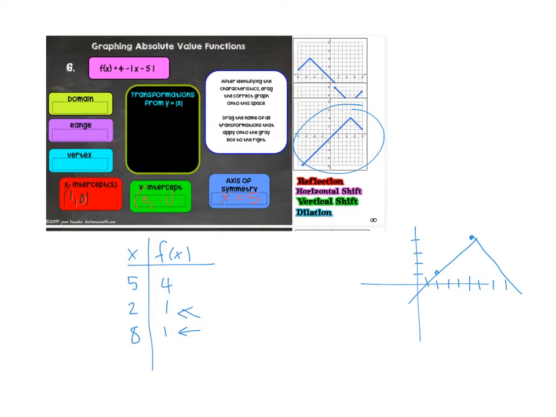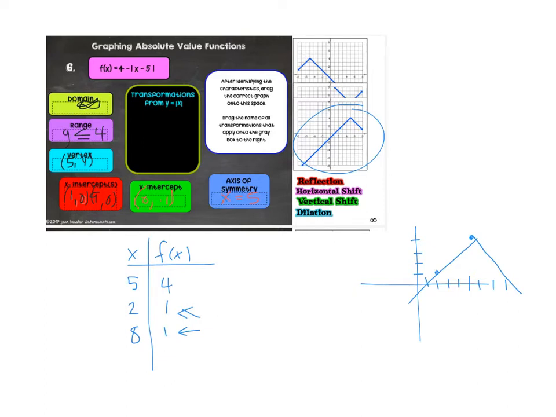And the other one looks like it's going to be 9, 0. The vertex is at 5, 4. The range is going to be y less than or equal to 4. The domain is infinite.